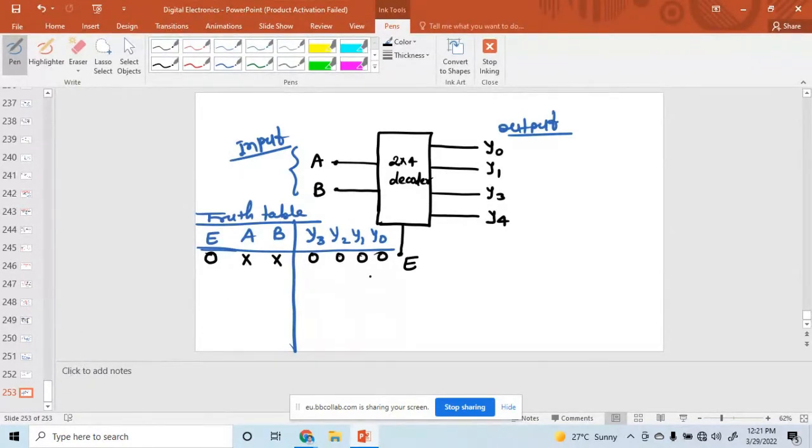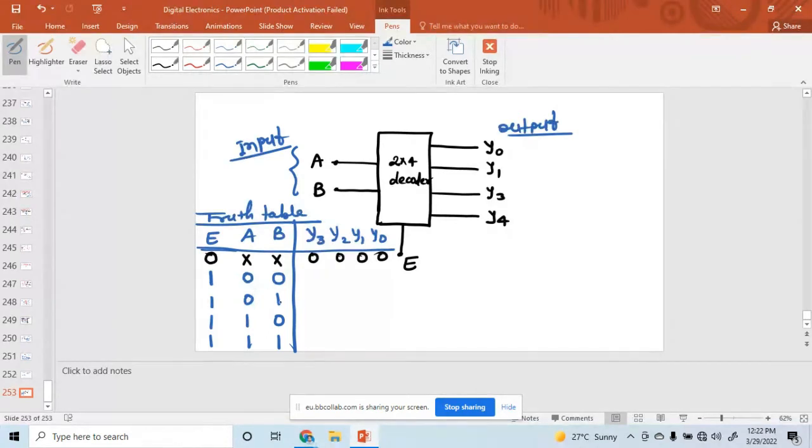When the enable value is 1, the decoder output depends upon the data inputs A and B. They may both be 0, 0, or A is 0 and B is 1, or A is 1 and B is 0, or both are 1, 1.